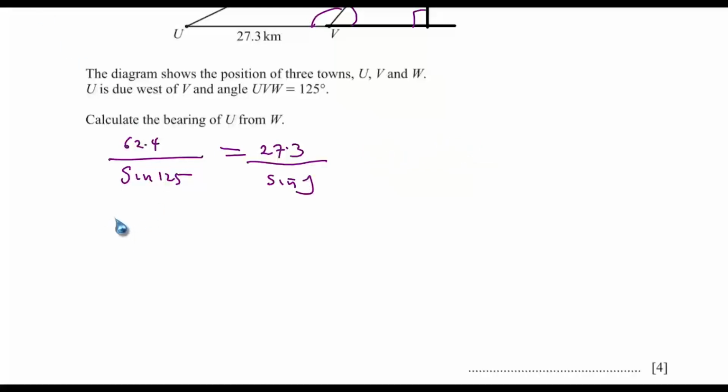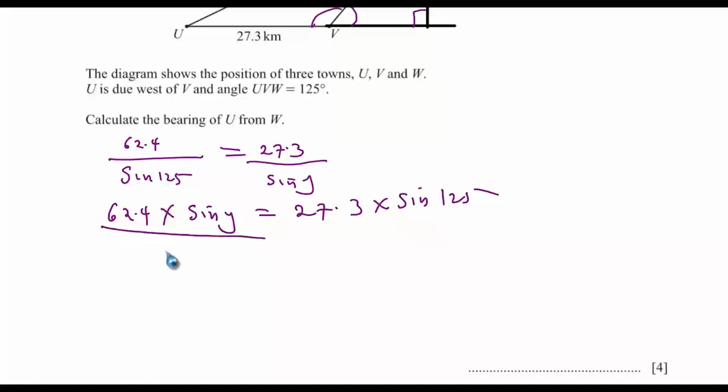If you cross multiply, we have 62.4 times sine y equals 27.3 times sine 125. So we can divide both sides by 62.4. This will cancel out this. We are left with sine y equals this.